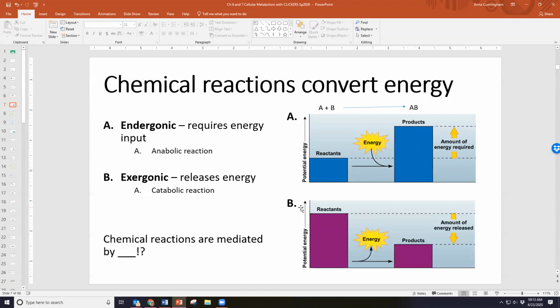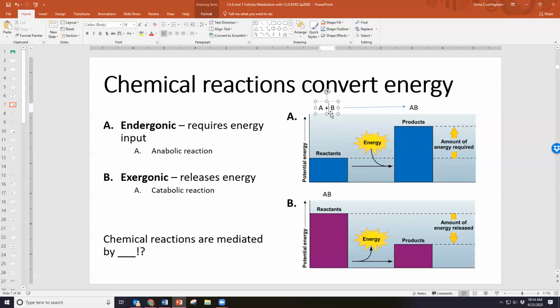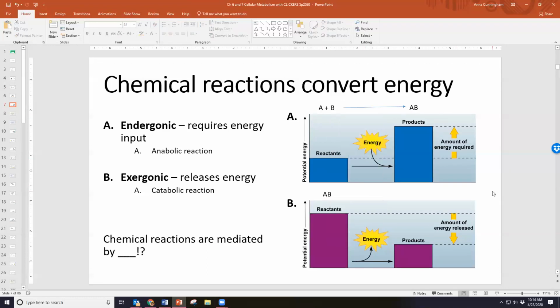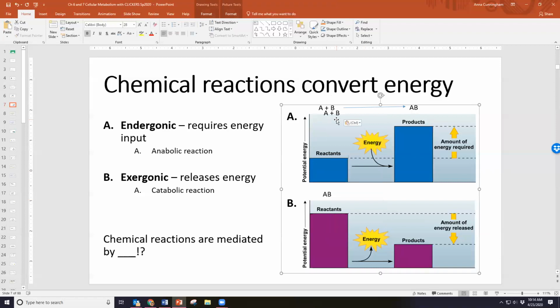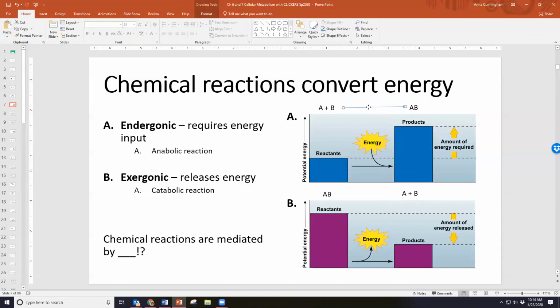On the flip side, here, we're doing the opposite. We're taking a molecule that has relatively high potential energy, meaning it's going to have bonds in it. And what we're doing is trying to release that energy to use it for something else, right? So essentially break a bond. Down here, it's essentially the opposite.